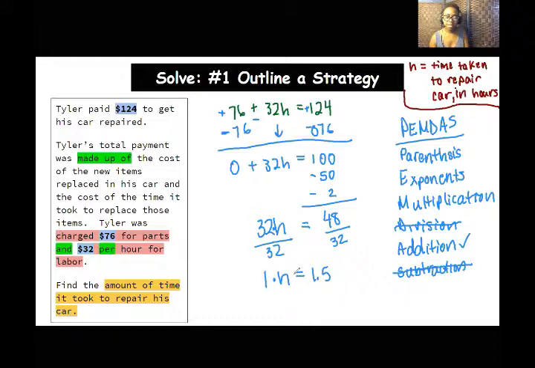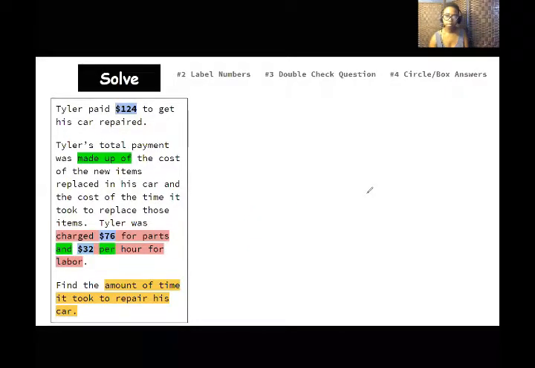We got 1 times h here, and 1 times h is the same thing as h. And our h is equal to 1.5 hours. Cool. Okay, so we said that our h is equal to 1.5 hours. Hours is our unit for the number that we have revealed.